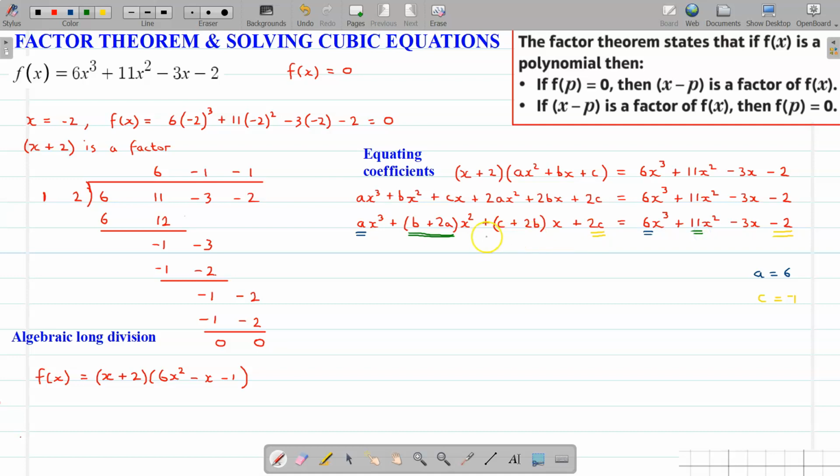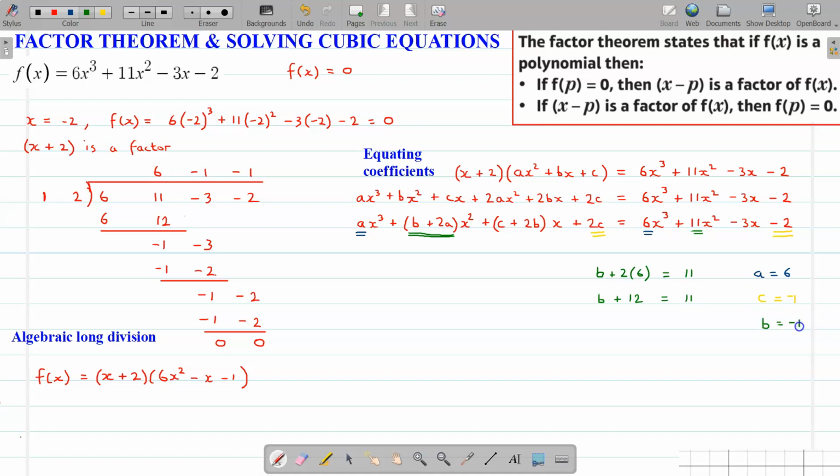So the x squared coefficients are the same, but we know that a is 6, so b plus 2a is b plus 2 times 6, which is the same as 11. We know 2 times 6 is 12, so b plus 12 is 11. So therefore b must be -1.